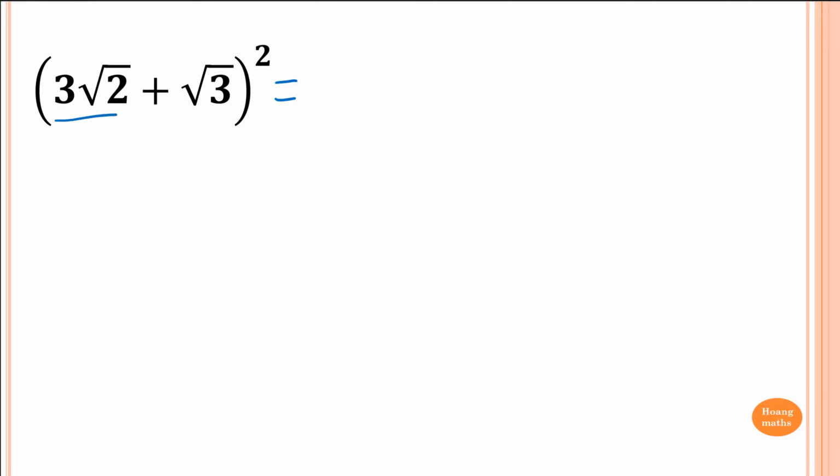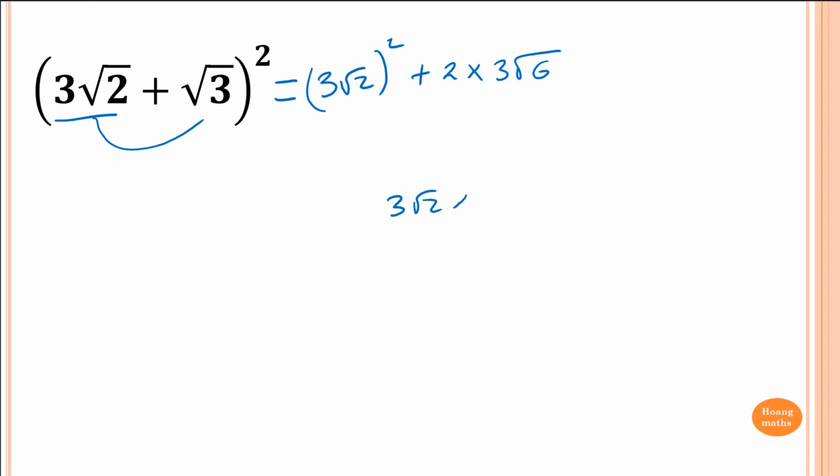So the first term squared, 3 root 2 all squared, plus this term together, and I double, of course, so 2 times this together. 3 root 2 times root 3 is 3 square root of 6, correct? Root 2 times root 3 is root 6. And then root 3 squared is 3, correct? But I'll write it down first, just in case.